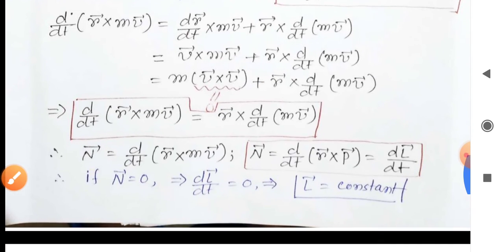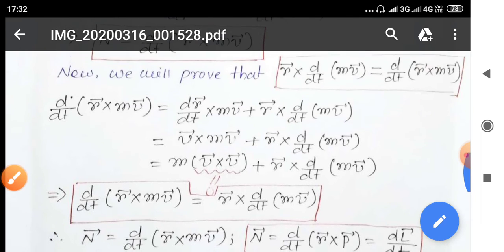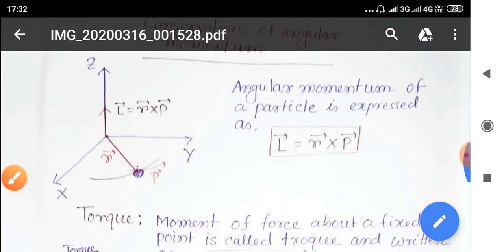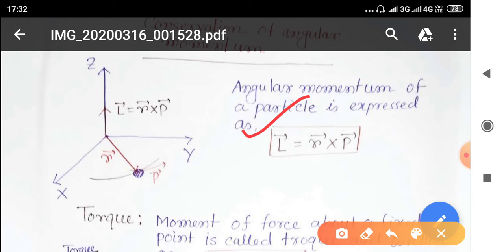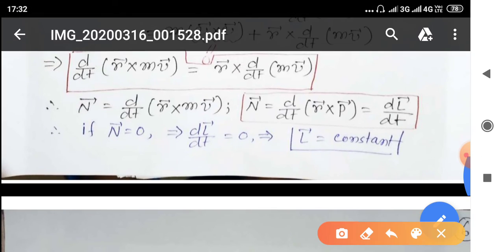So now the torque becomes d/dt of r cross mv. As we know that mv is nothing but the momentum of the object, we can write the torque as equal to d/dt of r cross p, and initially we have seen that the definition of angular momentum L is r cross p. So we can write this r cross p as L, and hence the torque gives you dL/dt.